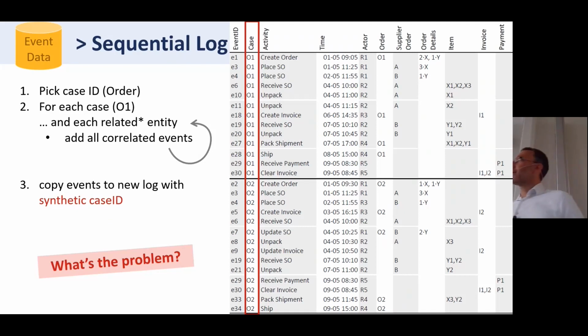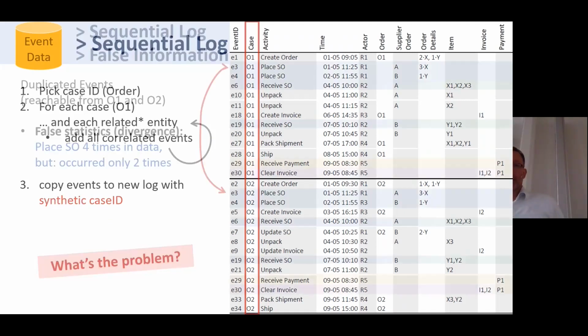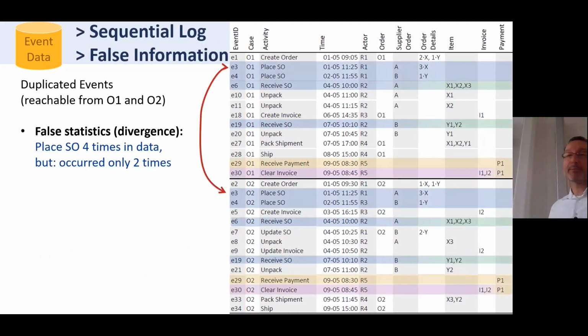So if I'm duplicating events, I'm getting wrong statistics. Yeah. So I have, for example, placing supplier order 4 times in the data, but it actually only occurred twice. So whenever I try to reason about how often certain activities occurred, or how much revenue I made in case these events also include amounts, I have to correct for this. I can do this, but I have to.